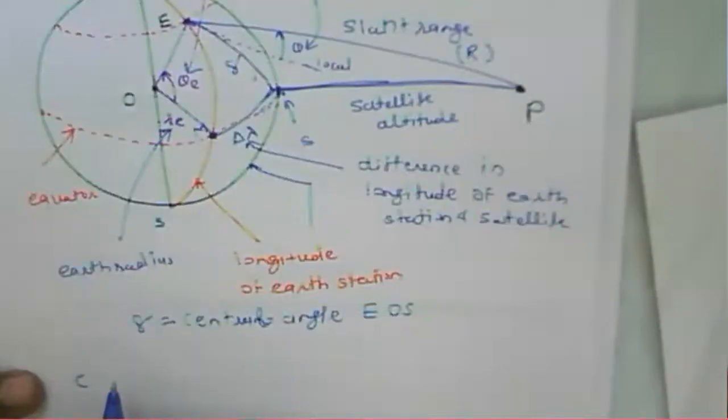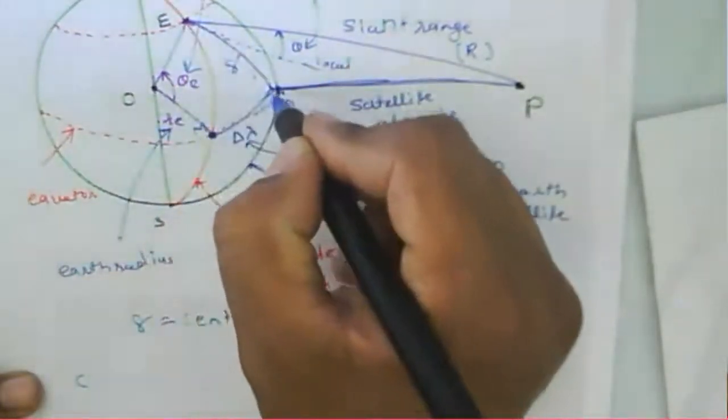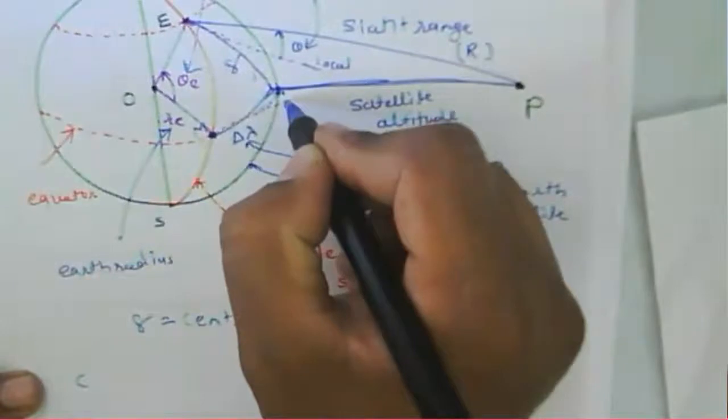So use the cosine law for the spherical triangle, that is E, M, and S here. This one is the S point.